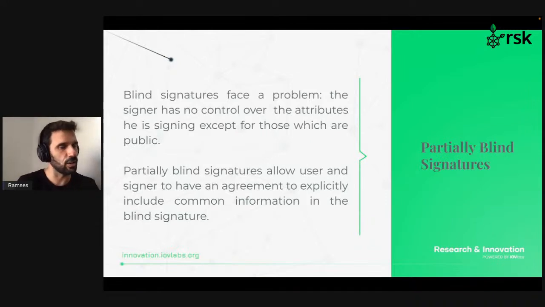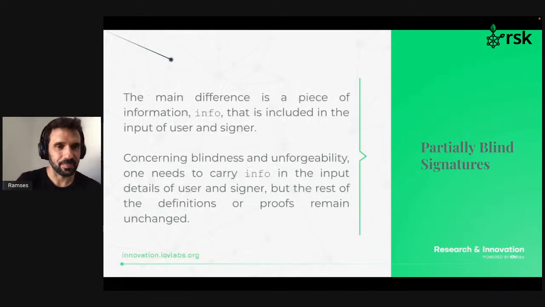The signer doesn't know what he's signing. So what people created was partially blind signatures, which allow the user and the signer to have an agreement before signing the message to explicitly include common information in the blind signature. So at least the signer may know that he's signing a transaction or a mortgage for his house.